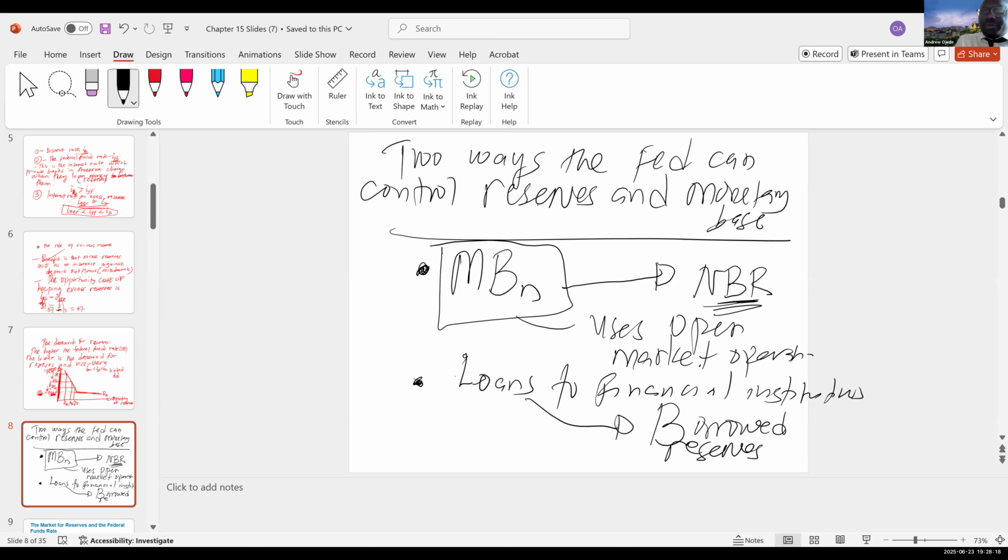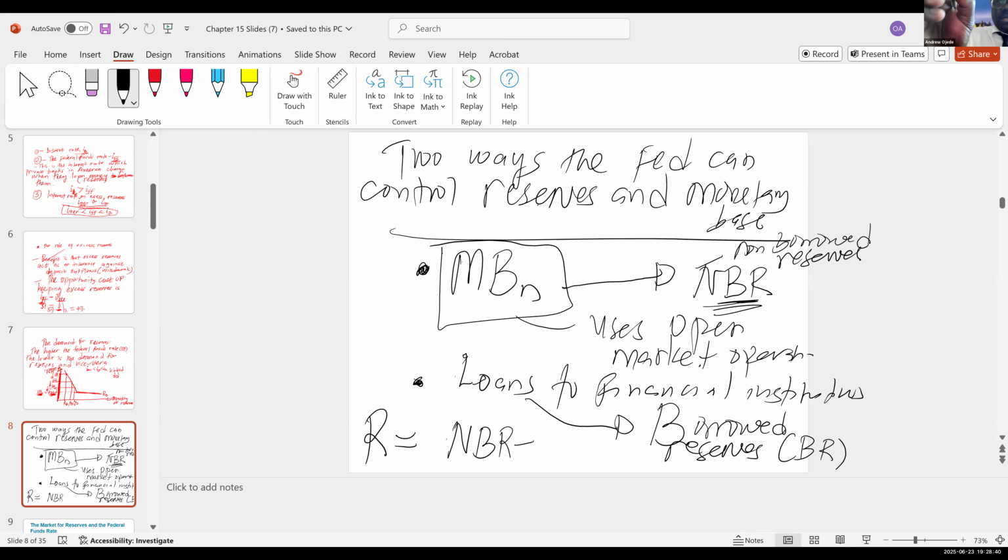Borrowed reserves, which we denote as BR. NBR stands for non-borrowed reserves. That means the total supply of reserves in the banking system can be decomposed into non-borrowed reserves plus borrowed reserves.